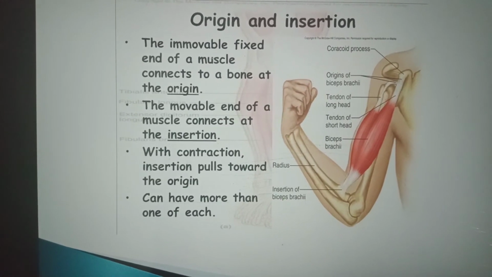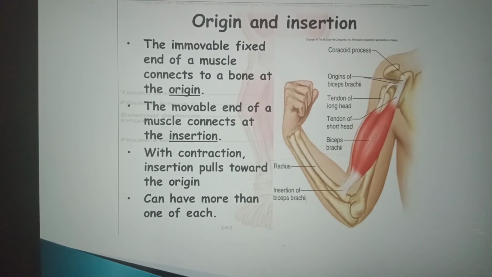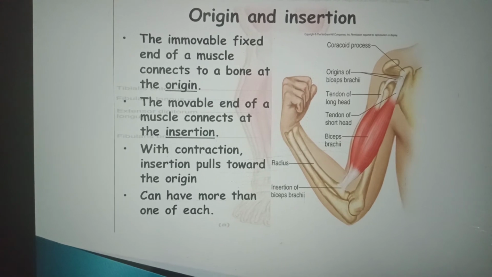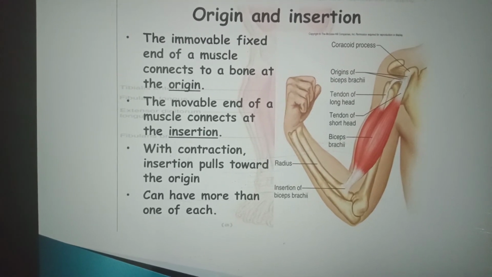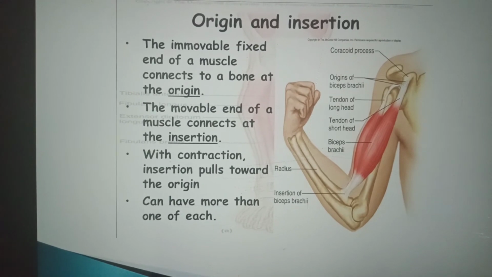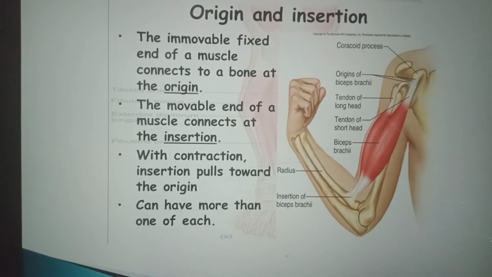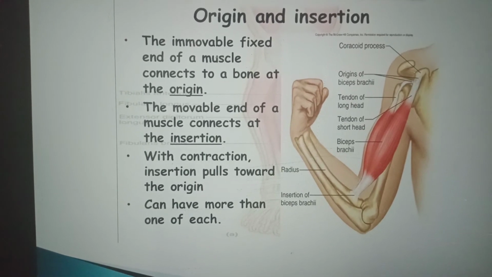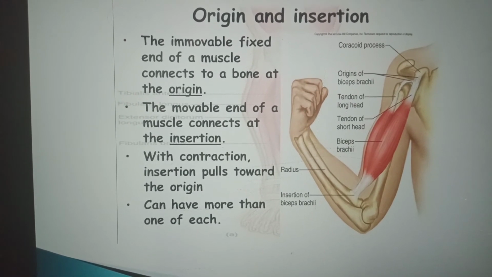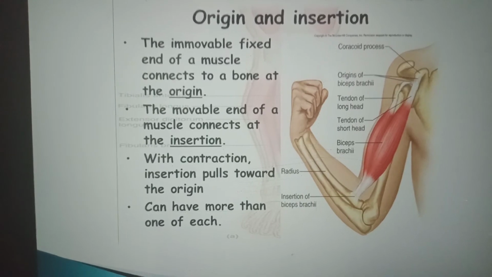When a muscle is stimulated by a nerve impulse, it contracts to become shorter and thicker. Due to this contraction, it pulls the movable bone at insertion. And here, due to the contraction, insertion pulls toward the origin.